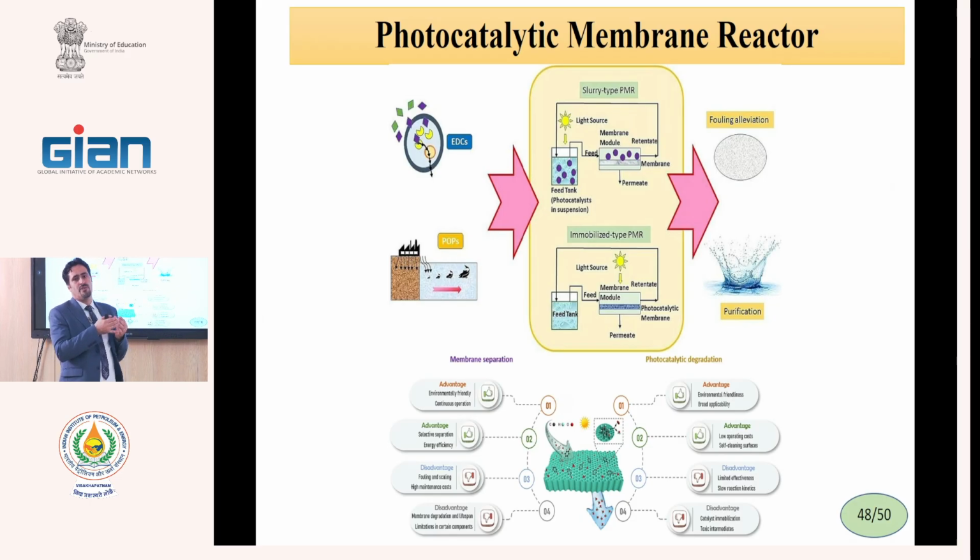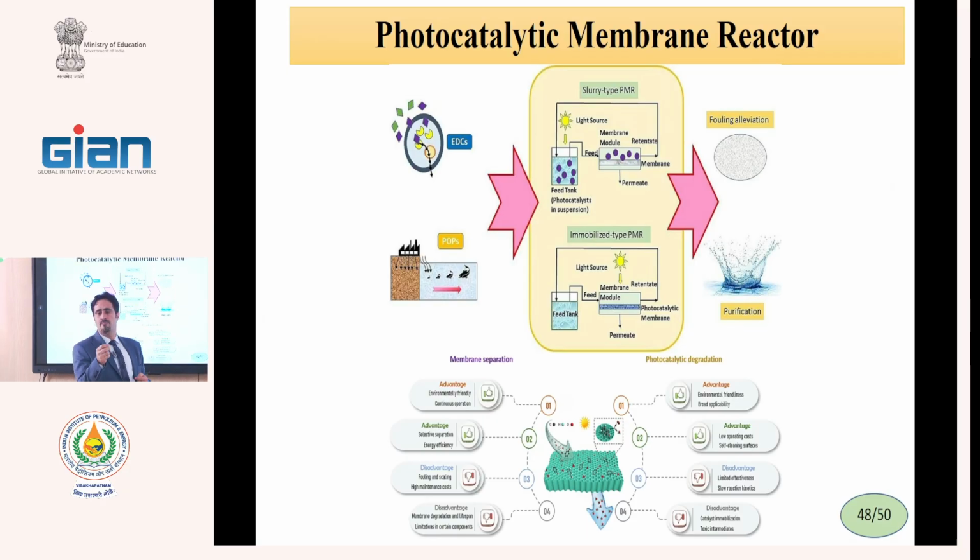In this case, we mix photocatalytic activity with membranes. Photocatalysts degrade the pollutants, organic pollutants, using a catalyst and photons. Photons can be produced from a UV lamp, solar, or visible light, okay?